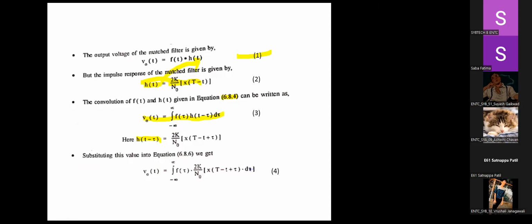When we substitute here, we get this particular expression. Then substituting this value, h of t minus tau, in equation number 3, we get v output equal to the integration from minus infinity to plus infinity of f of tau into h of t minus tau, replaced by this expression.